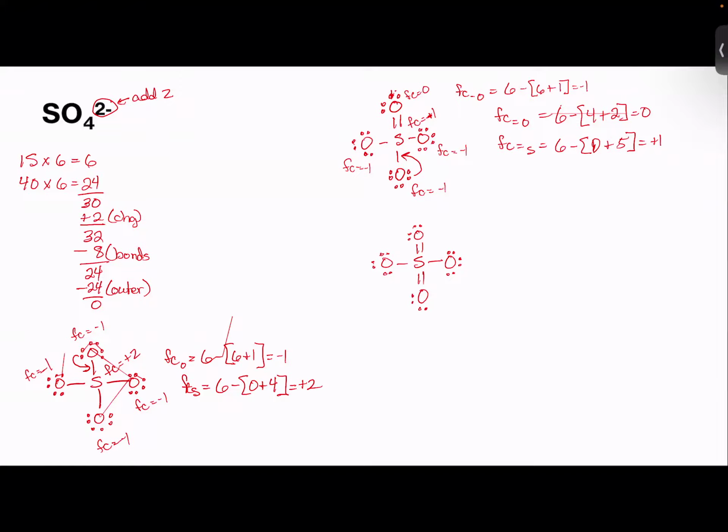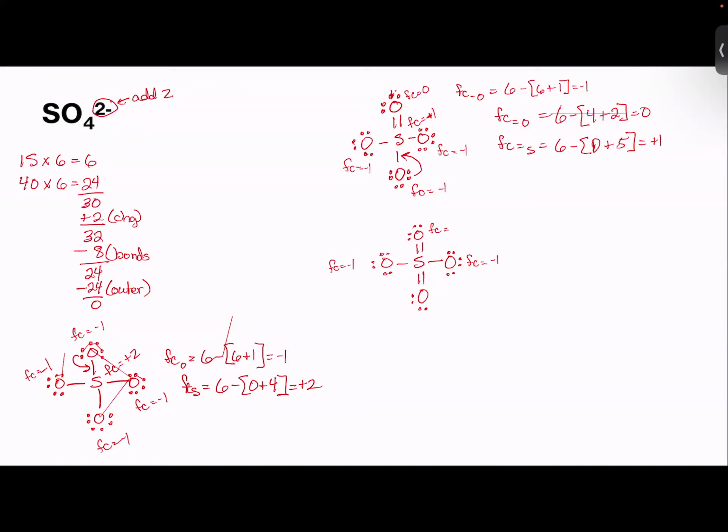And why did I bring it in from the bottom? Because chemistry likes symmetry. Now, again, you know the formal charge of these that have not undergone a change since the last one. They are still going to be the same.